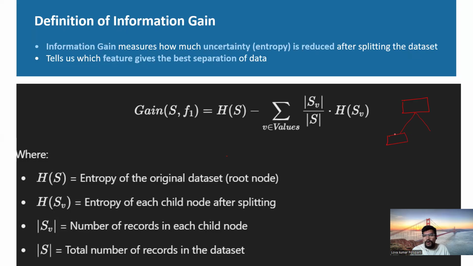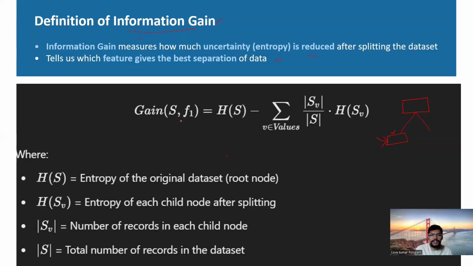After splitting, how much the impurity is reduced, you can observe, and you can evaluate that using information gain. Information gain measures how much uncertainty or entropy is reduced after splitting the data set. It figures out the best separation of the data. In other terms, it tells which feature gives the best information regarding my output.